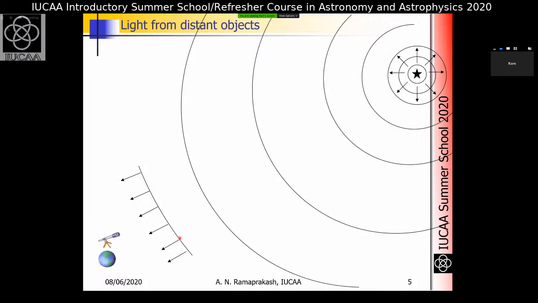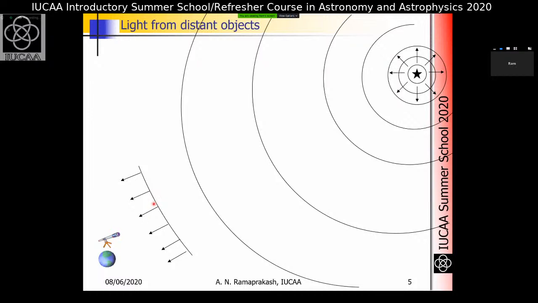They are not diverging beams, they are arriving parallel to each other because these distances are enormous. The curvature of the wavefront is so tiny that it is almost like a plane. So the wavefronts are almost parallel to each other. So that's a key thing.